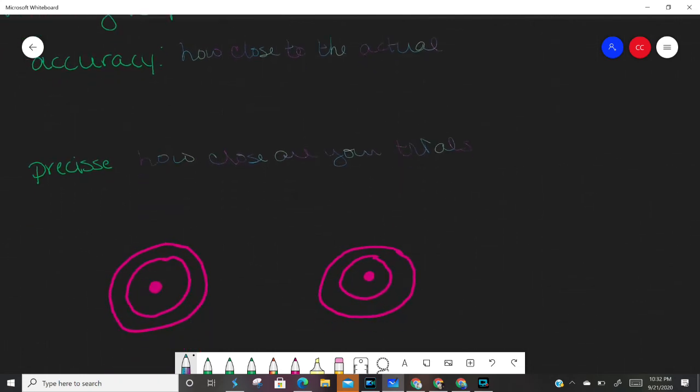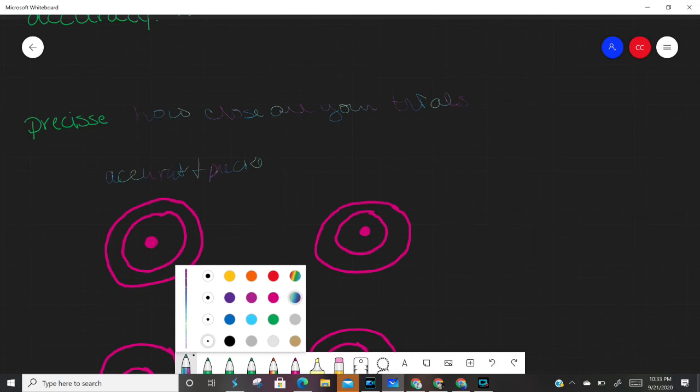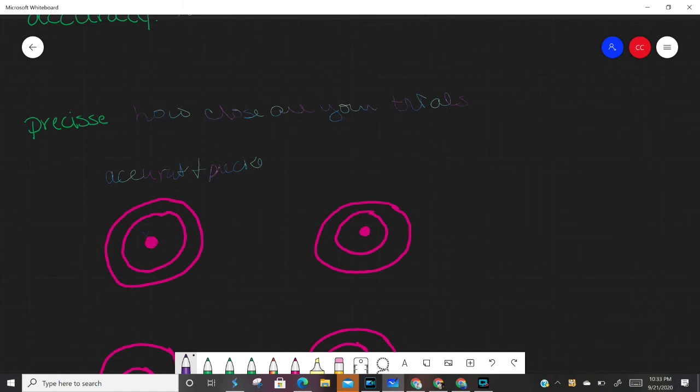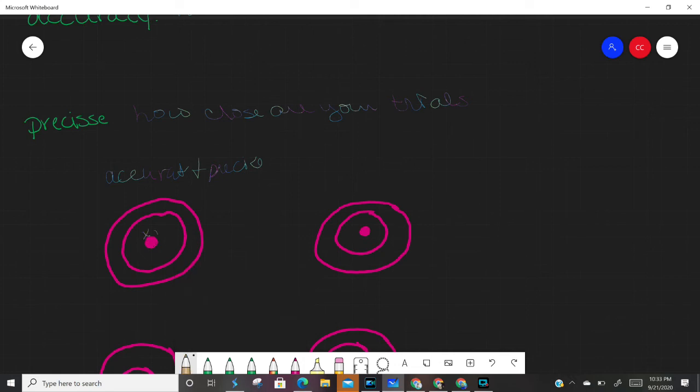So let's talk about it. If it's accurate and precise, let's change this to purple, then your bullseyes are all going to be close to the target.